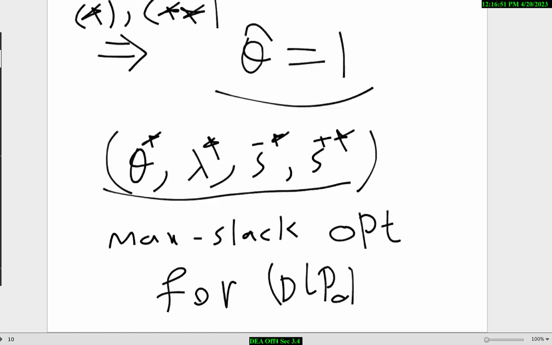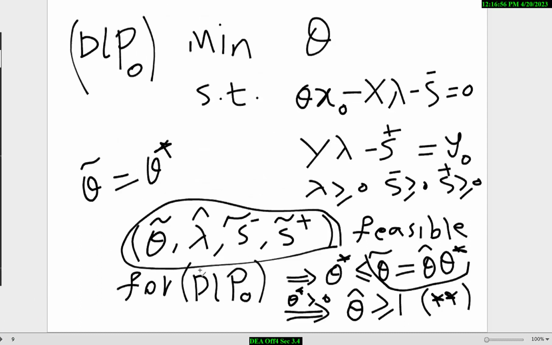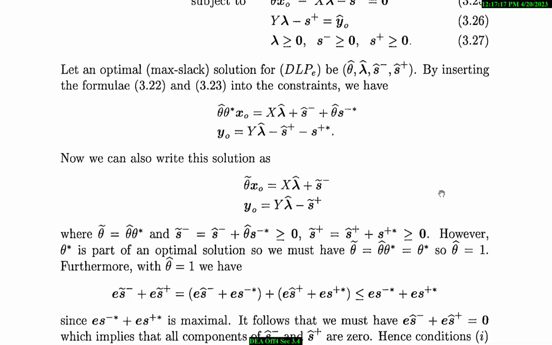This is max slack, and this is another optimal solution that is not necessarily max slack. Because phase 2 is maximization and this is the max slack solution, this is the optimal objective function value of the phase 2 model.